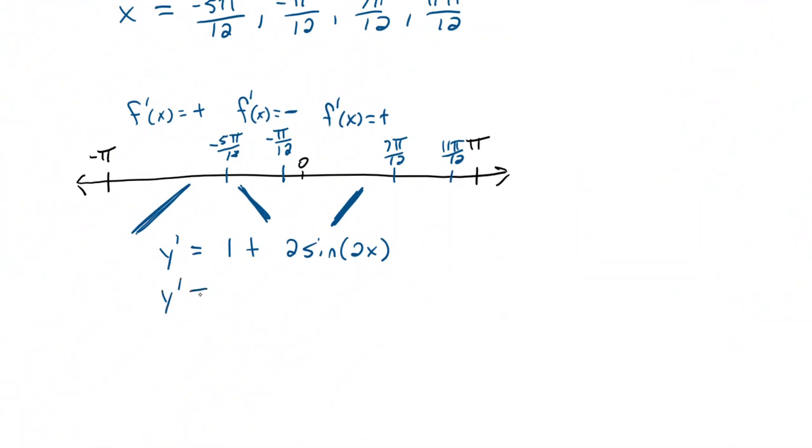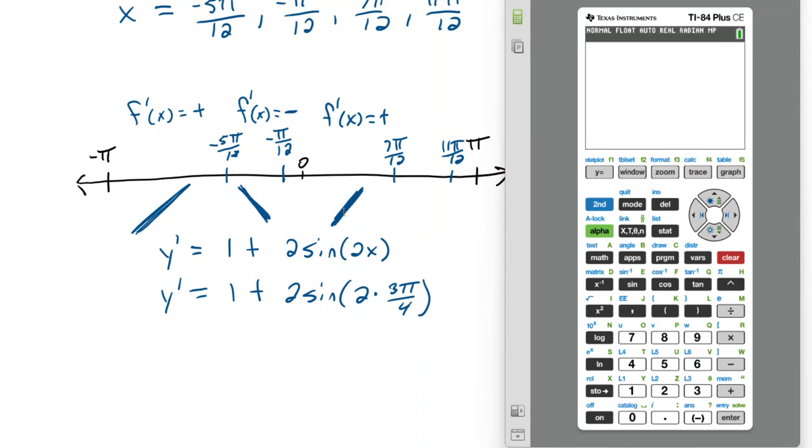Okay, so y prime is equal to 1 plus 2 sine of 2 times 3 pi over 4. We can actually do this one in our heads, because 2 over 4 is the same thing as 1 over 2, so we get 3 pi over 2. Sine of 3 pi over 2 is negative 1, times 2 is negative 2. 1 plus negative 2 is negative 1, so it comes out negative.